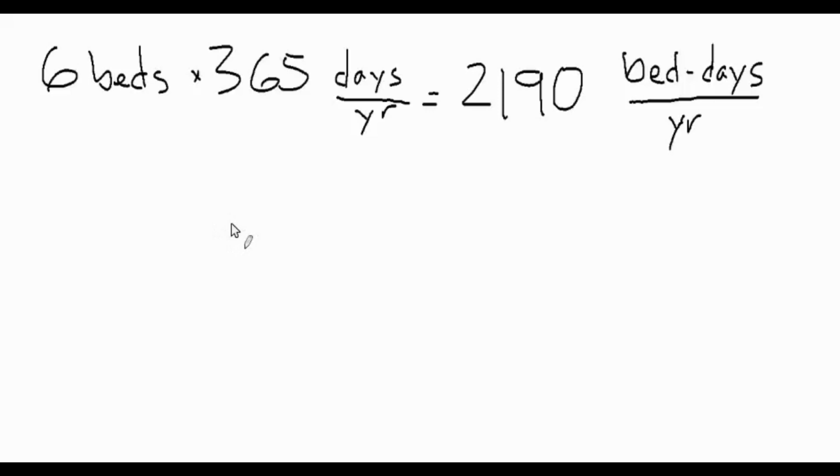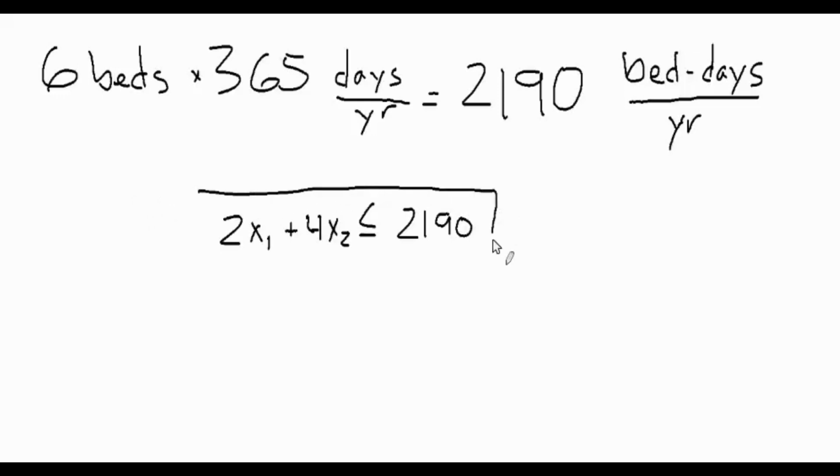So if we look at the number of bed days utilized per year, it is 2x1 plus 4x2, and the limit is 2190, and what's utilized has to be less than or equal to what's available, so we put a less than or equal to sign here, and that is our bed capacity constraint.